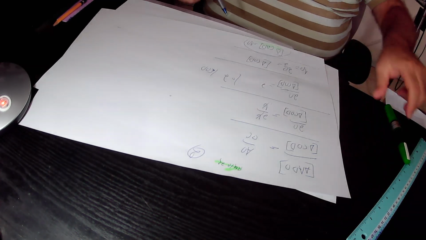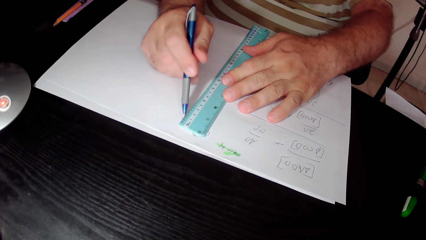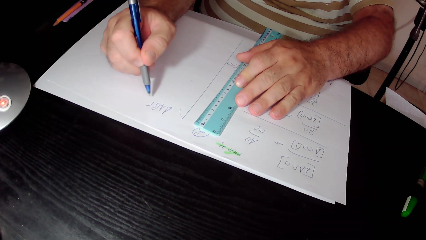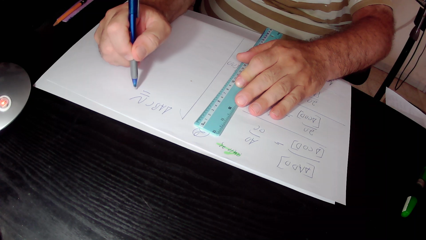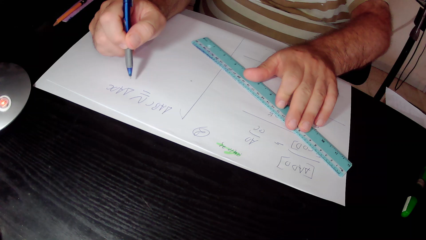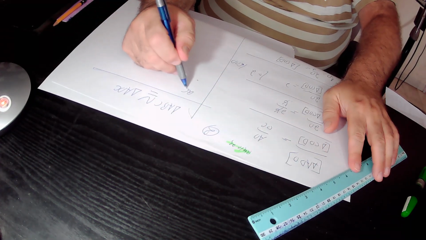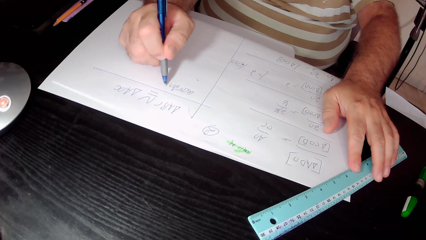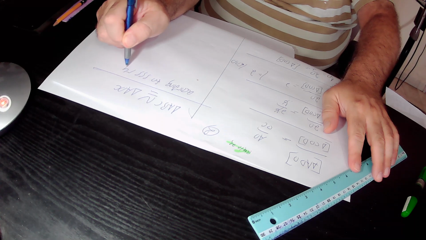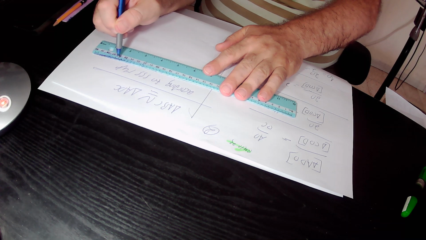So finally, we found that the right triangle ABC is congruent to the right triangle ADC according to the side rule. All three sides of triangle ABC are correspondingly equal to all three sides of triangle ADC.